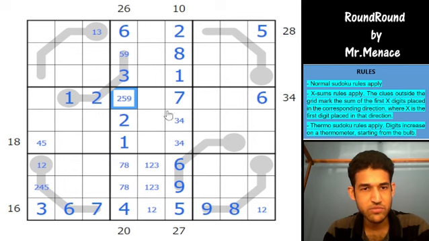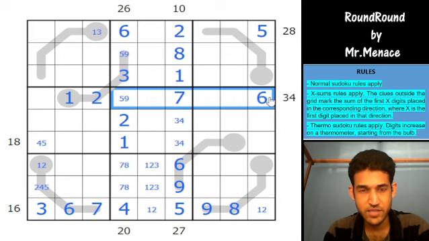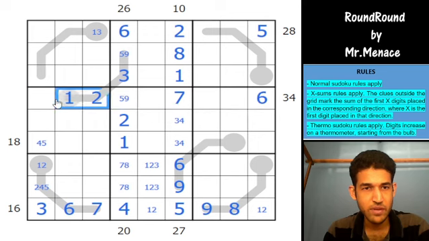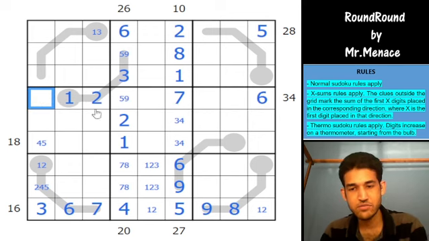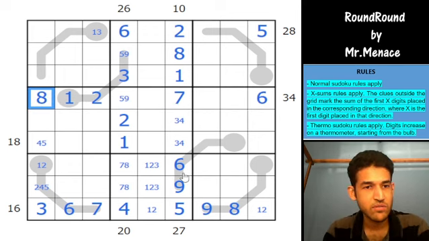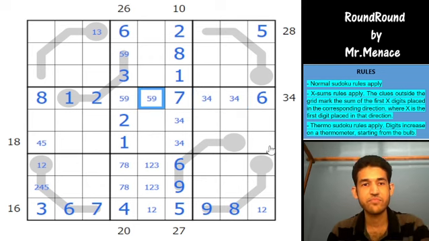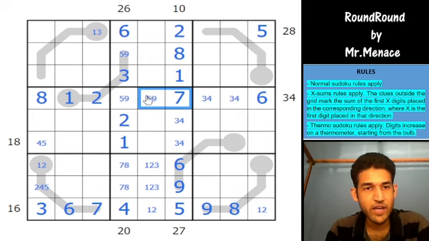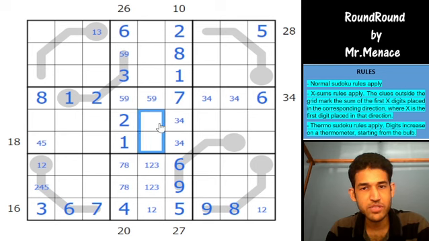This would be 2, and now 34 is coming from these 6 cells. So these would be 11. 1 plus 2, 3, and this would be 8. Okay, 3, 4. So we get a 3, 4 pair here, which means this would be a 5, 9. So 5, 7, 9, 1, 2, 3, 4. So this has to be 6 and 8.